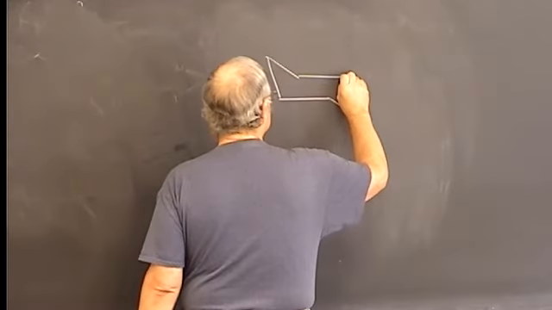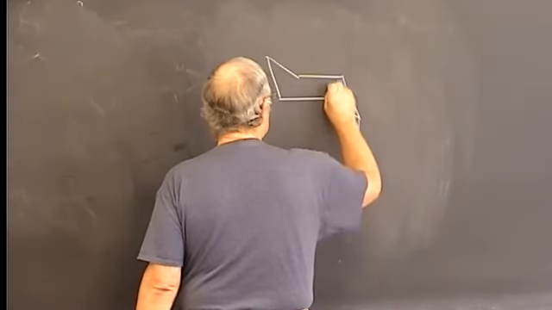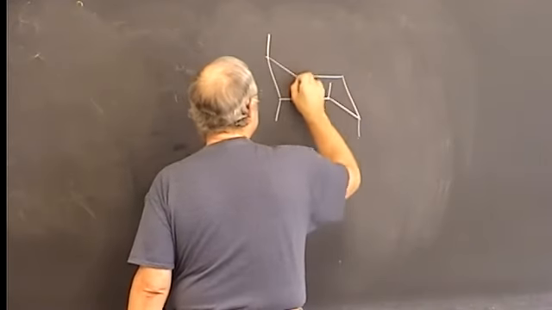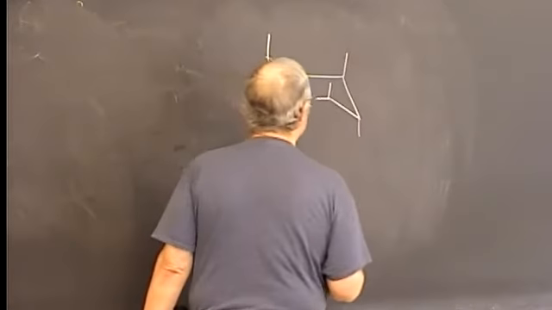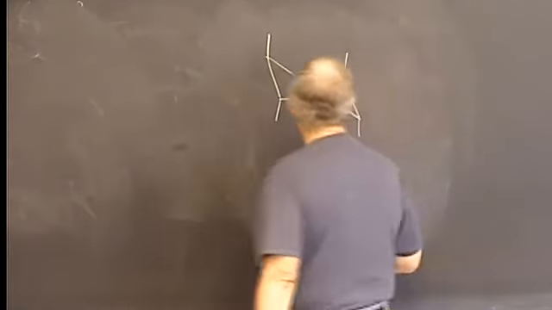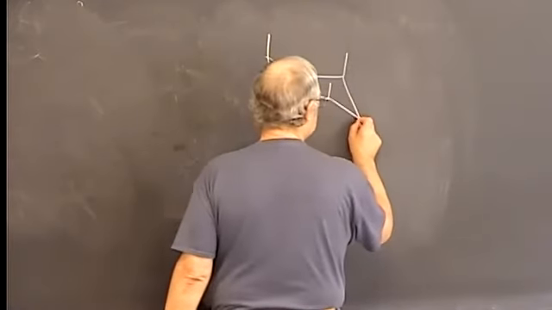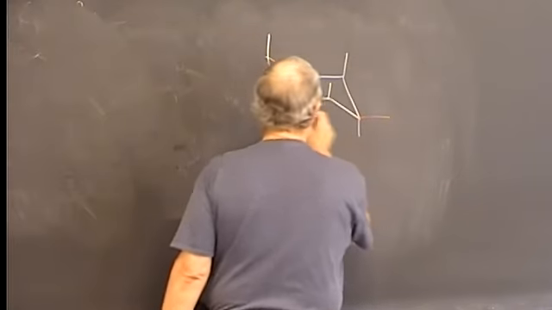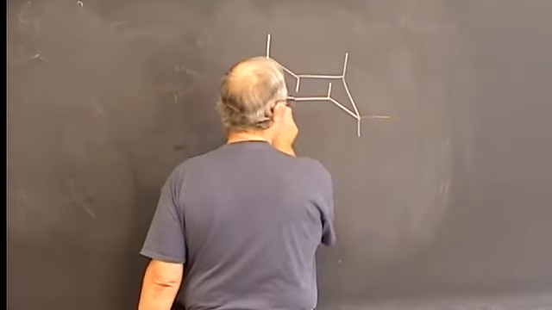I draw the axial in first, so down, up, down, up, down, up, and then the equatorial. This one will be parallel to this bond right here.